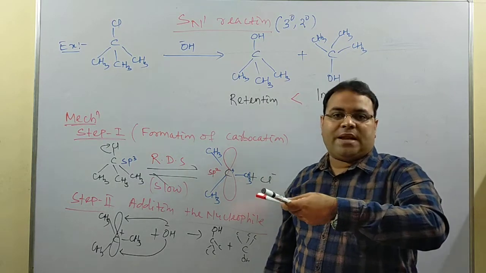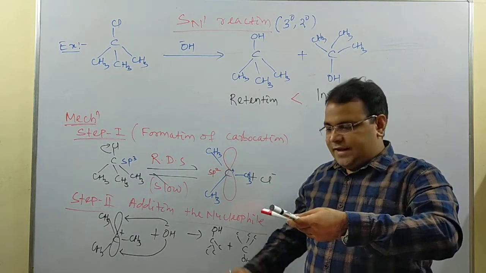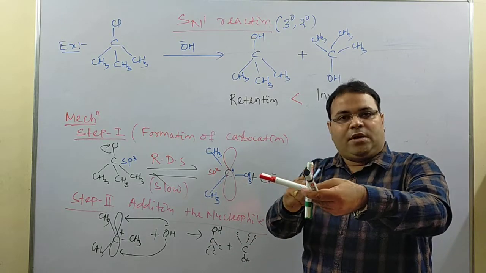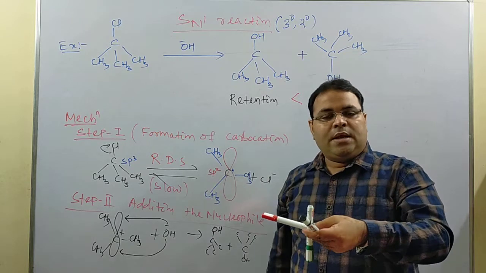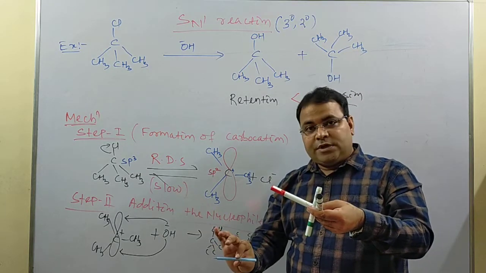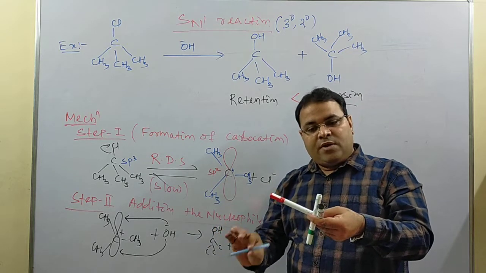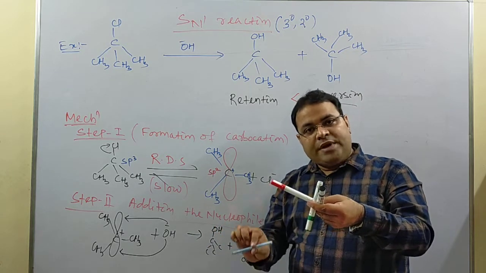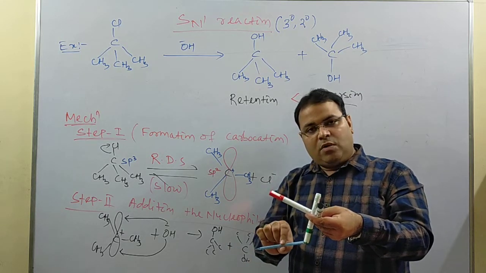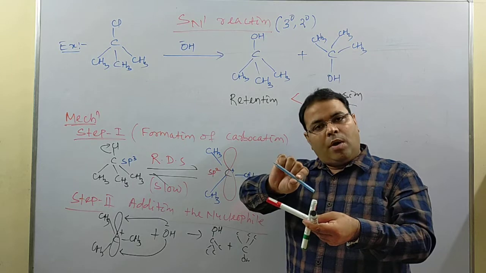This is a trigonal planar geometry having sp2 hybridization. Now it will behave as an orbital, where one lobe is present upside and another lobe is present downside. Now tell me, the nucleophile has stopped its movement when the bond is broken, and it is present below the plane. It can attack the below lobe, and it can attack the upper lobe.